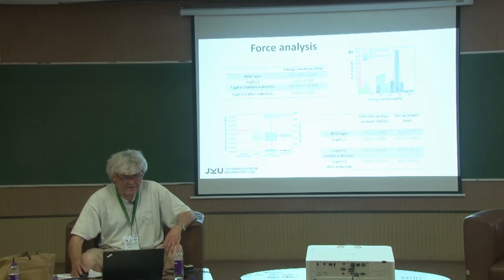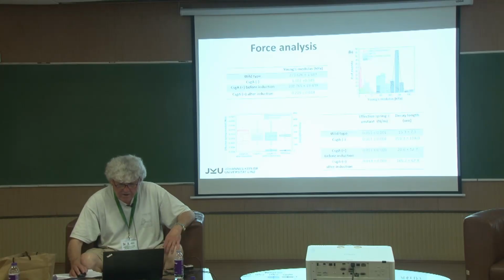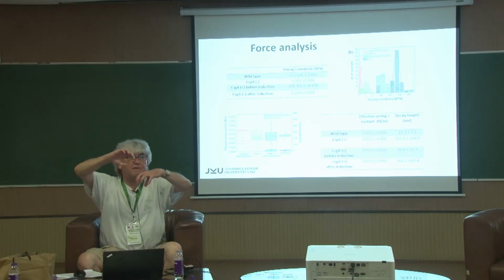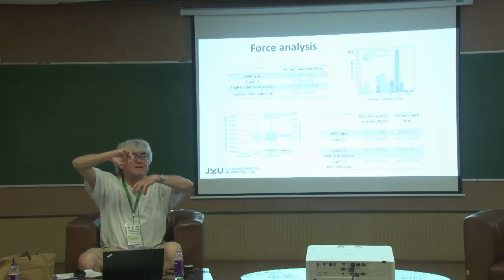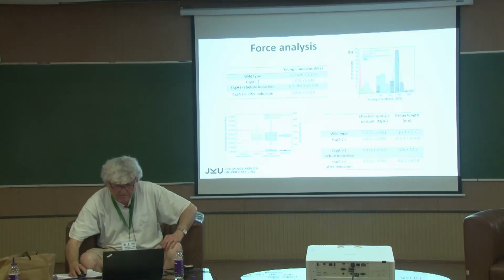What do you mean with initially? 108 before induction. Because it behaves like the wild type. Yeah, it behaves like the wild type. Also for here, you see before induction. I mean, the decay length says something if something is growing on the bacterial surface, right? And this is also very similar for the wild type and before induction. Okay.